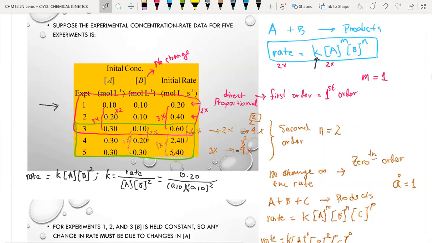This is first exponent, this is second power here, square. So if we do that, we'll have 0.20 divided by 0.10 times 0.10 squared. How much is 0.10 squared? I believe 0.010 times 0.10 is going to be 0.0010.